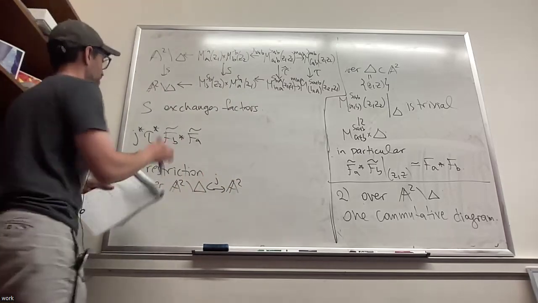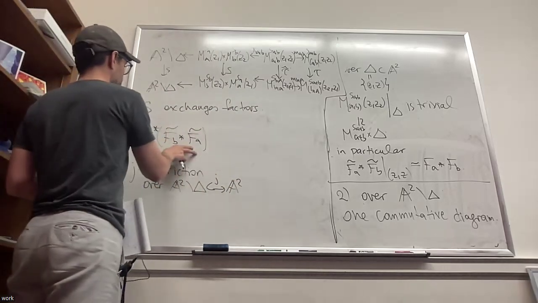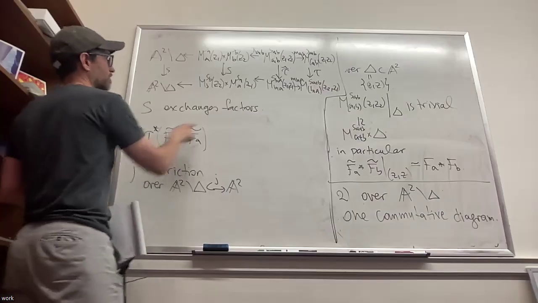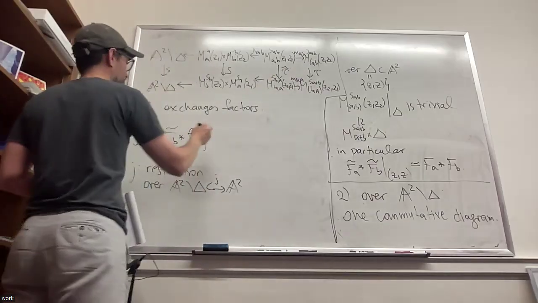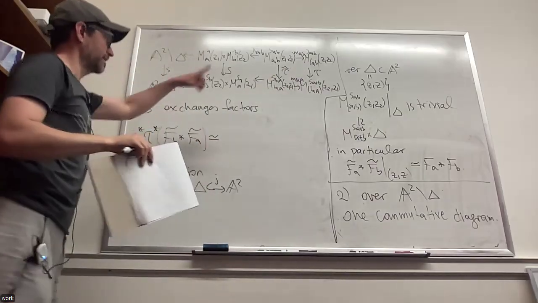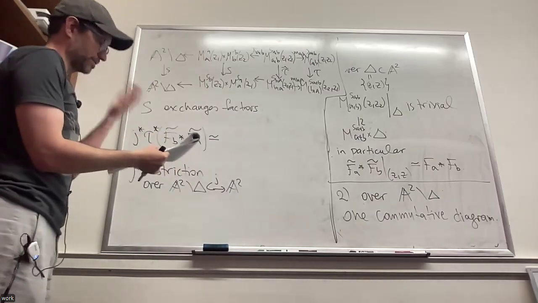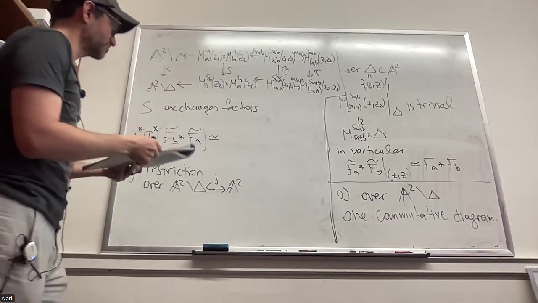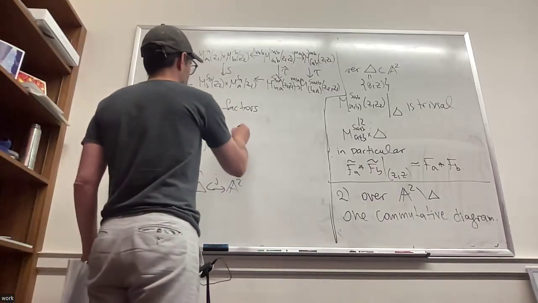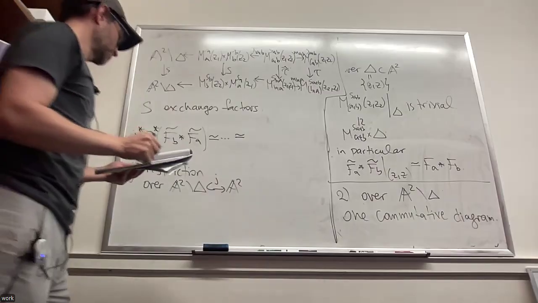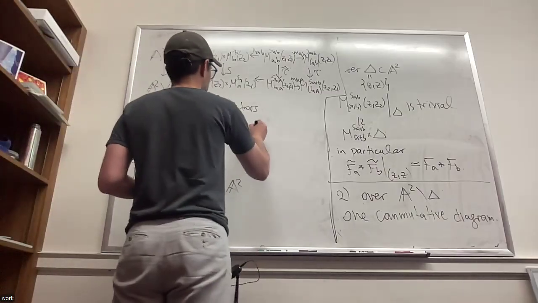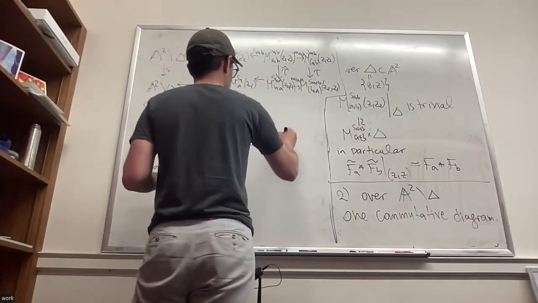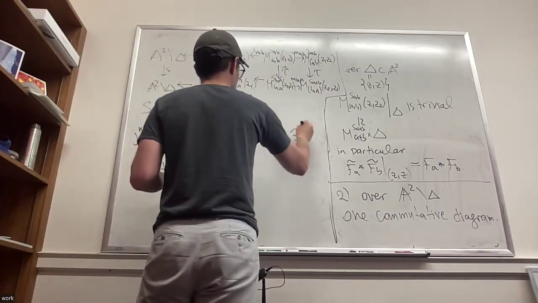So I take this, I apply tau upper star, and then I restrict. Then there is a diagram chase, which I haven't written down, just a bunch of commuting squares. If you just follow your nose, you get that this is the same thing as J upper star of F_A, F_B in the opposite order.